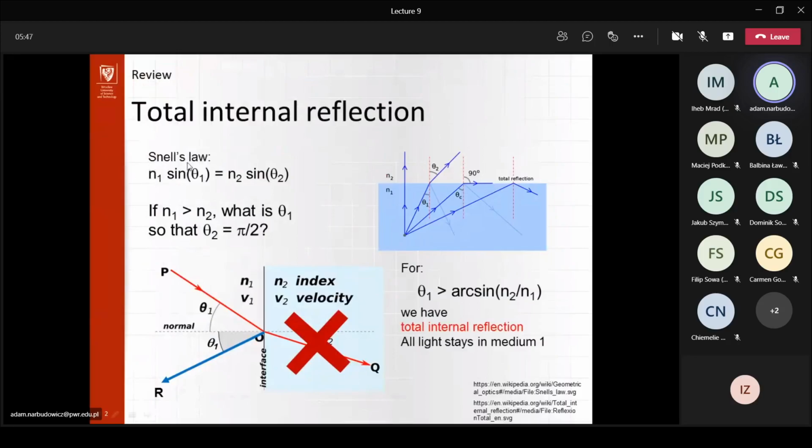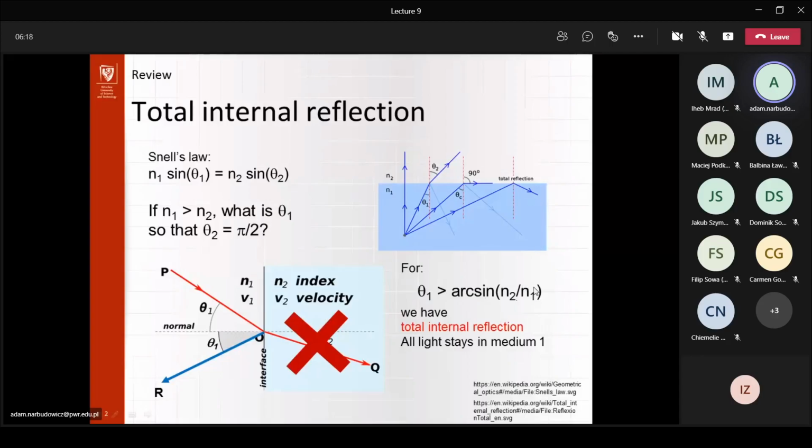And directly from Snell's law, which says that the sine of the incoming angle multiplied by the refractive index n1 needs to be the same as the refractive index n2 and the sine of the angle of the penetrating wave into the second medium, we can actually create the requirements for what to do with the optical fiber.